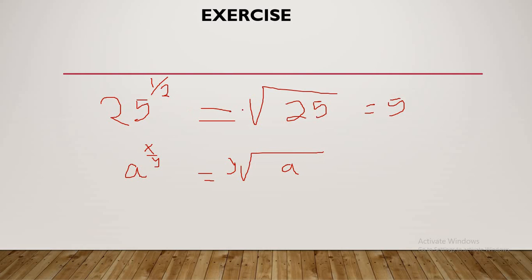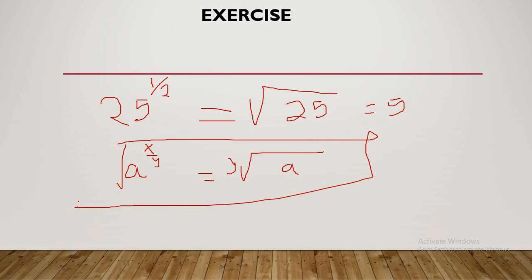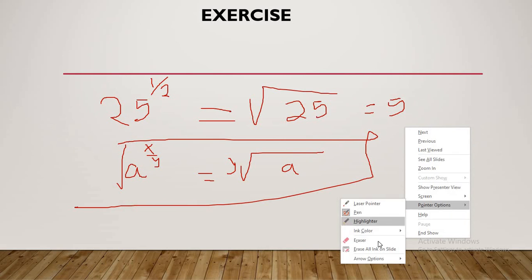So in this case, what do we have here? We have 25 raised to the power half, right? It means the square root of 25. This is another law of indices, okay?